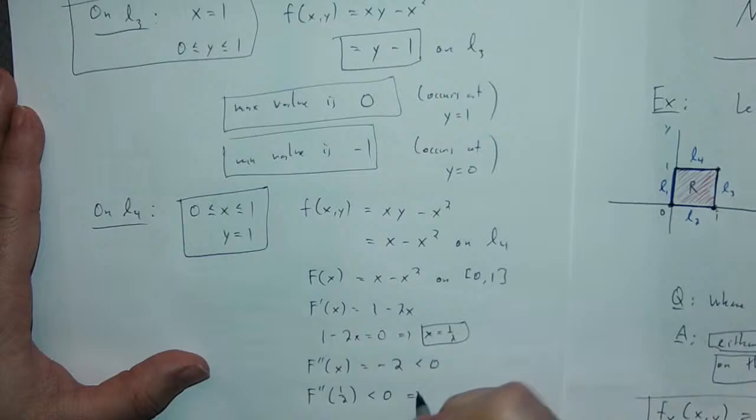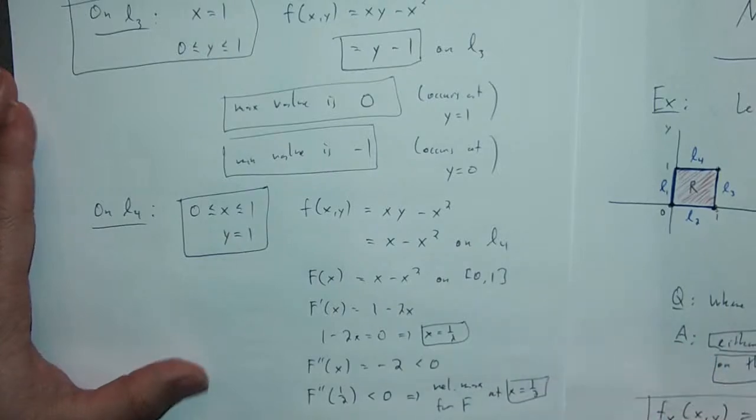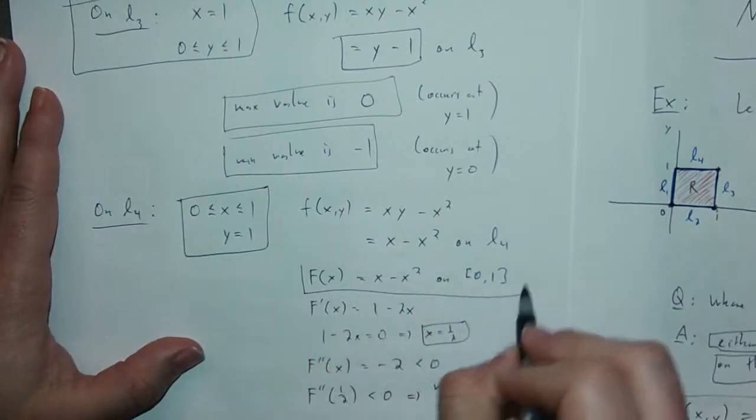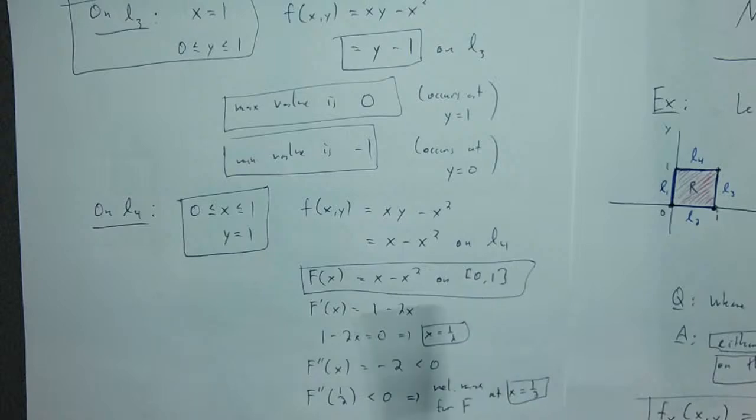What does that mean? So there's a relative max for f at x equals 1/2. And so if I want to know what the max or min value of this thing is, all I have to do is check this critical point. I didn't have to do this; I did this just for fun. Or I check the endpoints. Or not or, I have to check both.